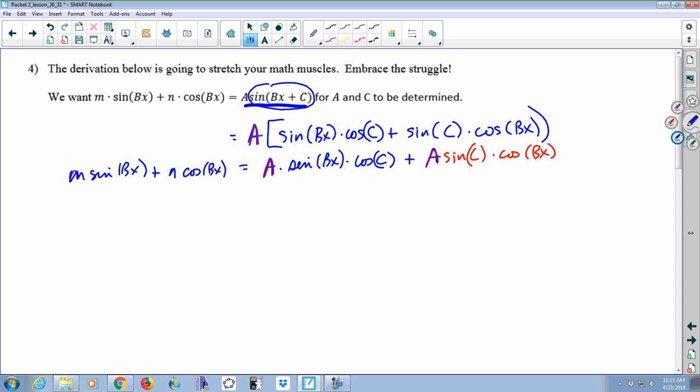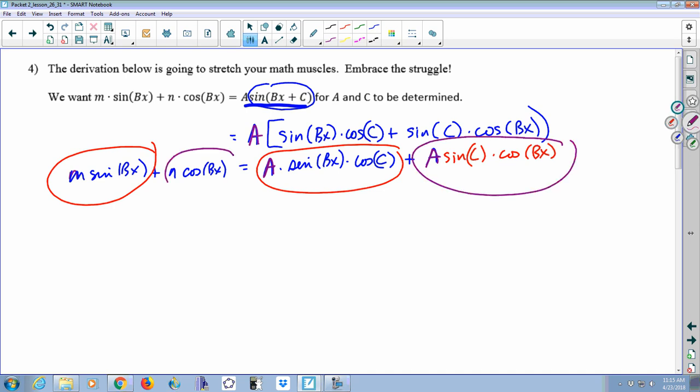So we have an addition problem on the left side, an addition problem on the right side. This term of the right side, that part of the addition problem, goes with this one. And this term goes with this one. One's a sine and one's a cosine of bx.